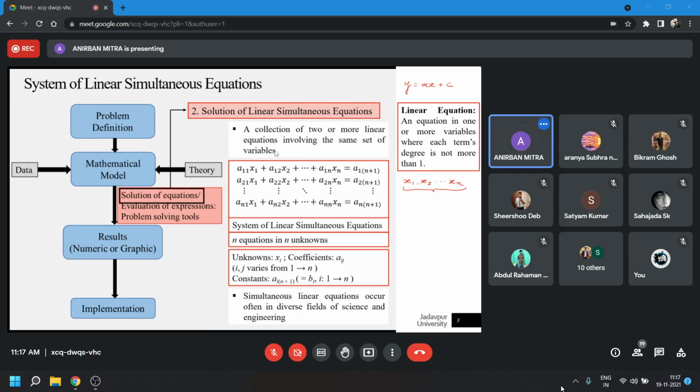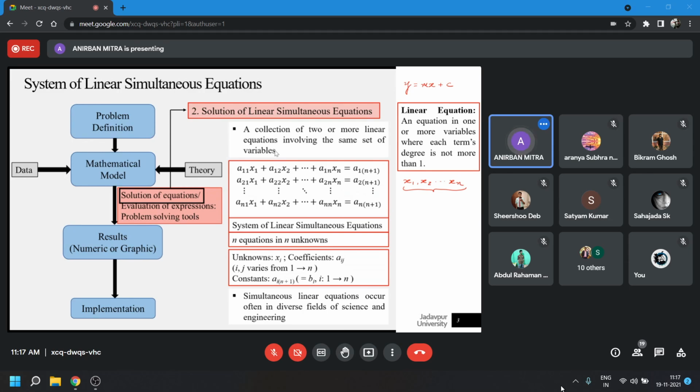least square fitting. So at the end of it, we had obtained a system of equations from where the regression coefficients were to be found out. Remember that? A0, A1, A2, these coefficients were to be found out. And those coefficients were part of a system of linear simultaneous equations.